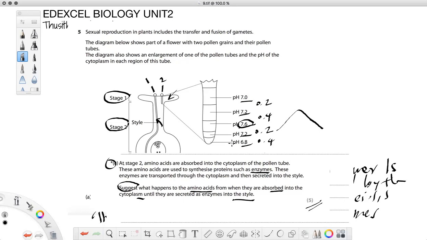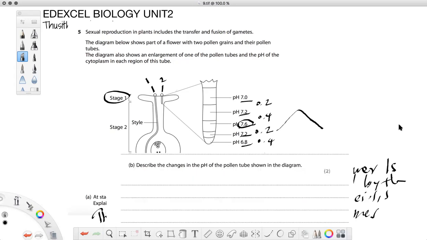So where can we start? Amino acid absorbed into the cytoplasm, and the end is secreted as enzyme into the style. So we have to write all the steps in between these two, right? Okay.